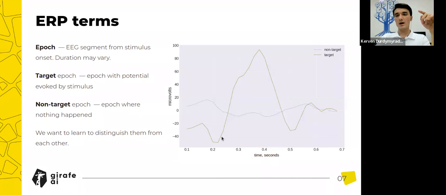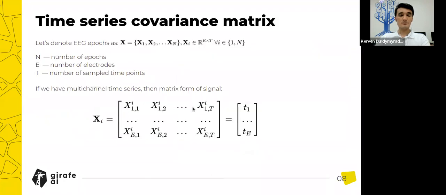In that case, we have a response to the stimulus. But in this signal, the blue one, we don't have any response. It is a non-target signal. And this one, the green one, is a target signal. Okay. So our goal is to distinguish these two signals, target and non-target signals.